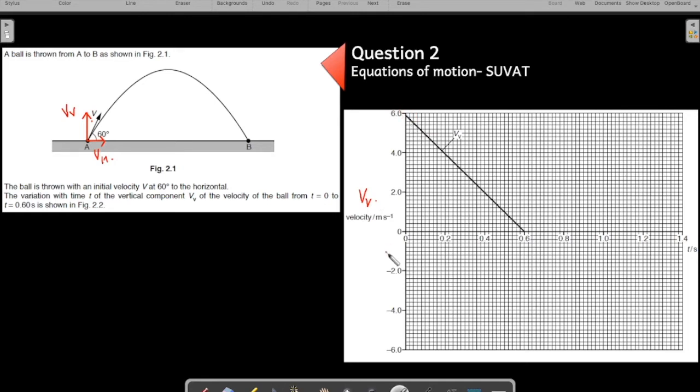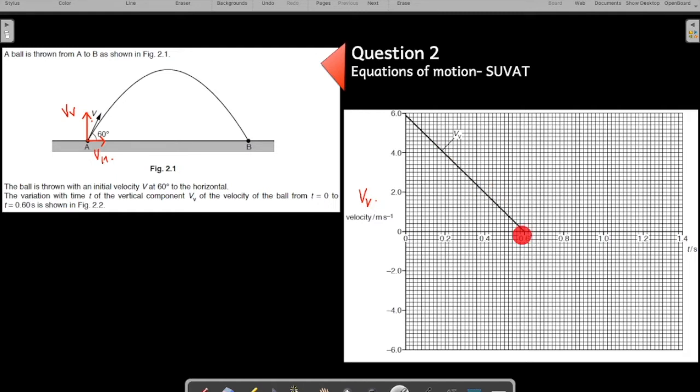So what does the theory about the vertical component tell us? As you are moving in a trajectory, the vertical component keeps changing. If you see here, the vertical component is changing in magnitude from 6 it becomes 4, 2, and ultimately 0.